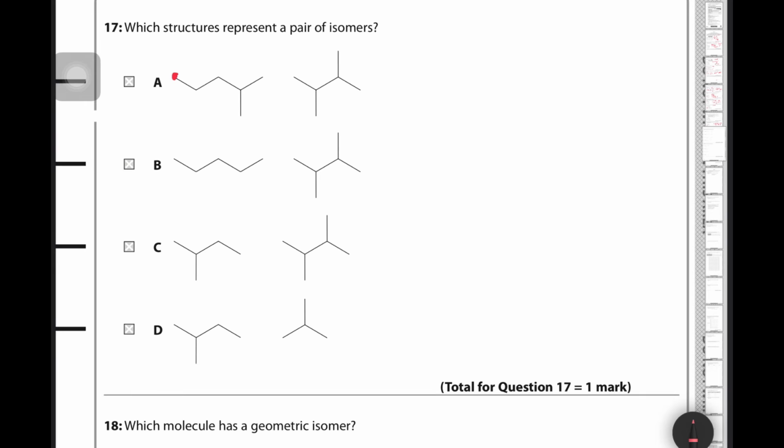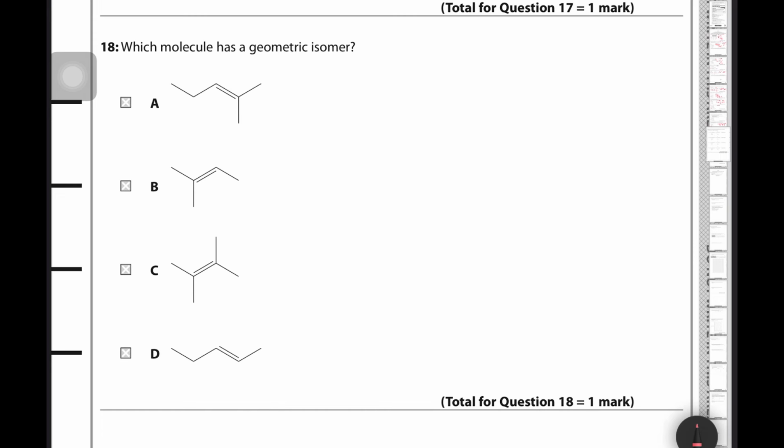That's the first step. 1 2 3 4 5 6 carbons this side. 1 2 3 4 5 6 carbons. 1 2 3 4 5 and 6. 1 2 3 4 5 and 6. 1 2 3 4 5, 1 2 3 4. So this is my answer, and if you want to make sure your answer is correct, draw the displayed formula and you will get your answer. So 17 is A.